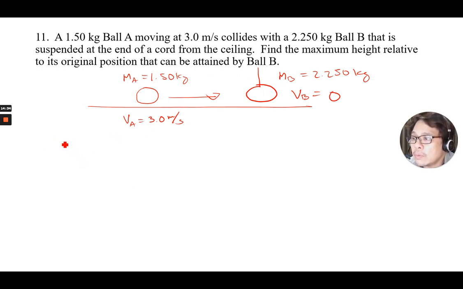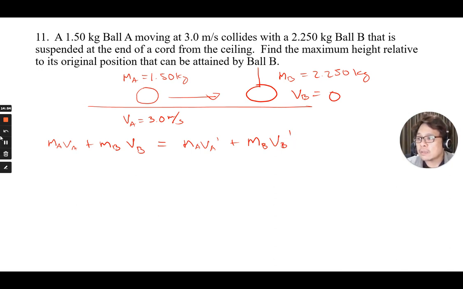So we set the equation. The total momentum before collision is MA VA plus MB VB is equal to MA VA prime plus MB VB prime.